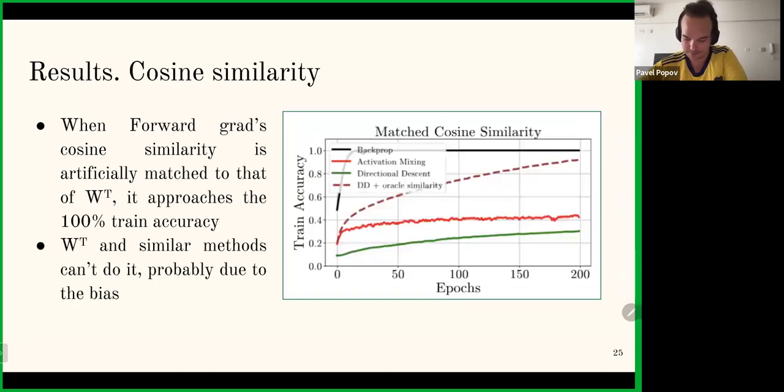Then they are trying to find out how forward gradient, here called directional descent, will behave if they improve its cosine similarity to the cosine similarity of the methods and do nothing else, and check how well it performs.